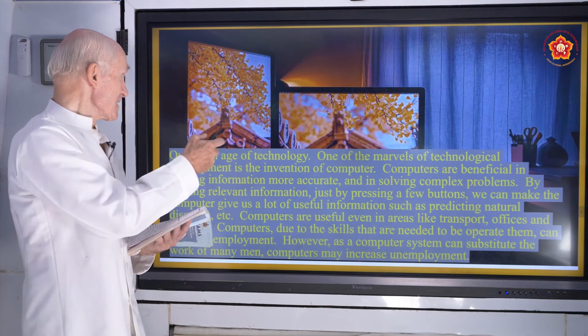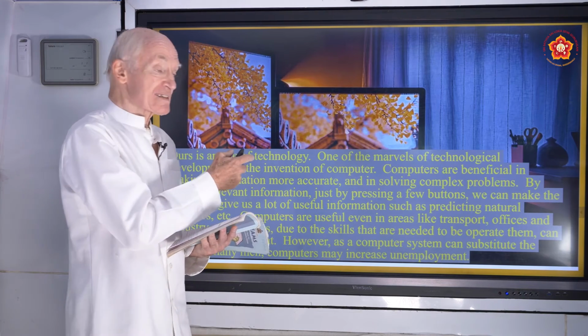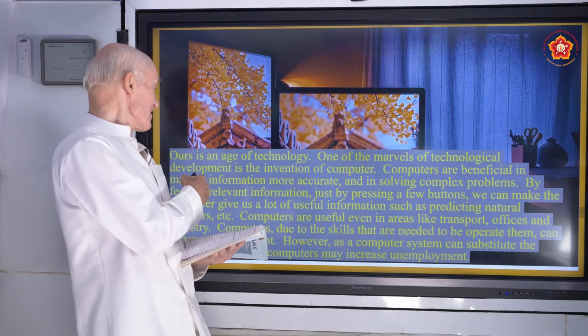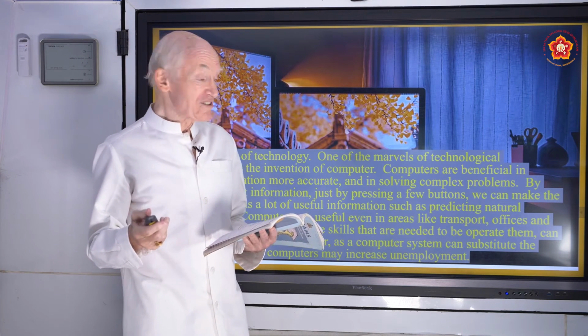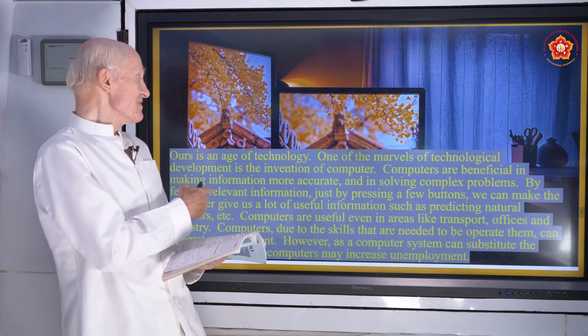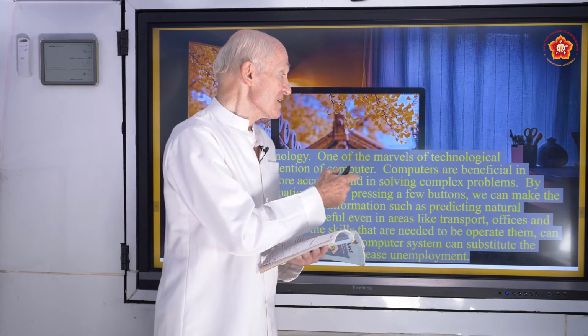We have the same technology, and we start off with: ours is an age of technology. One of the marvels of technological development is the invention of the computer. The computer has really changed the world. Computers are beneficial in making information more accurate and in solving complex problems.